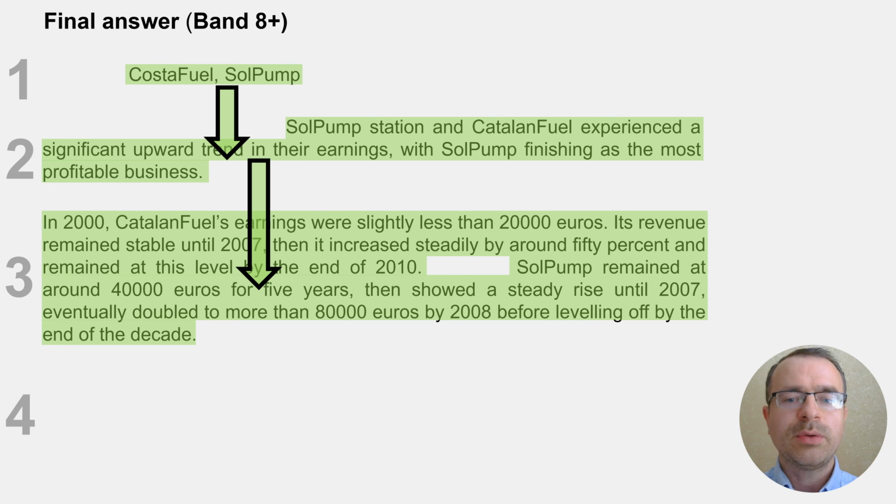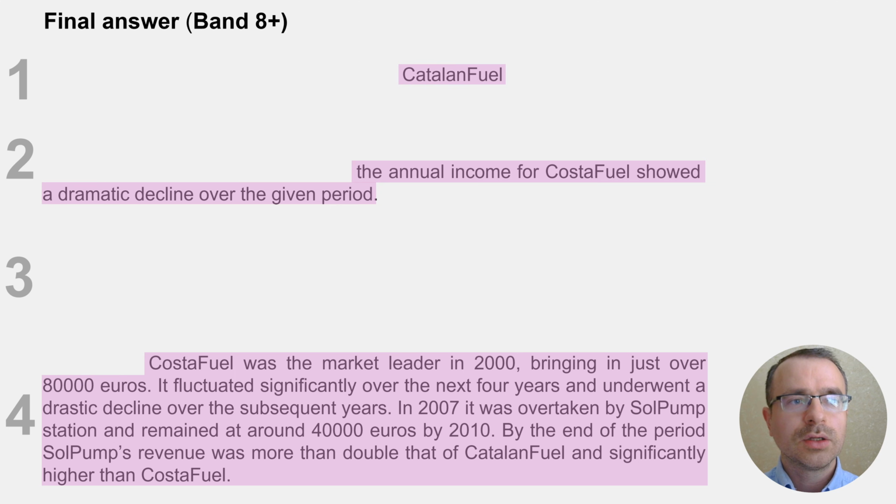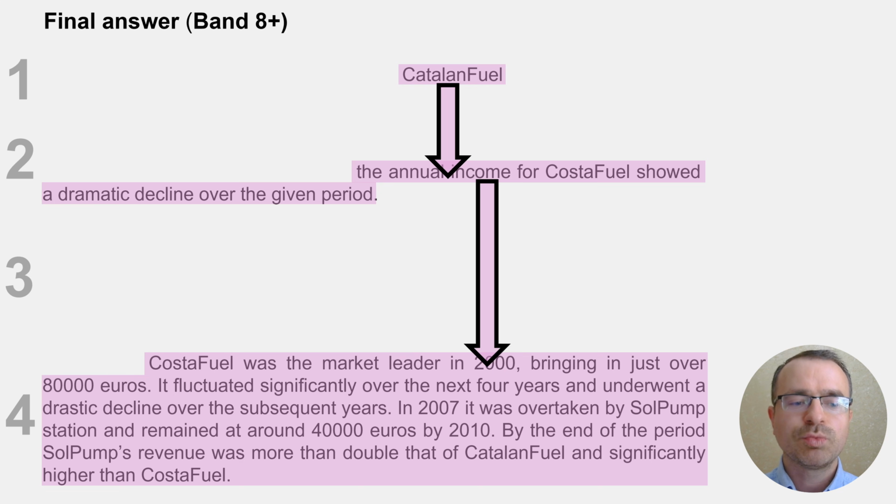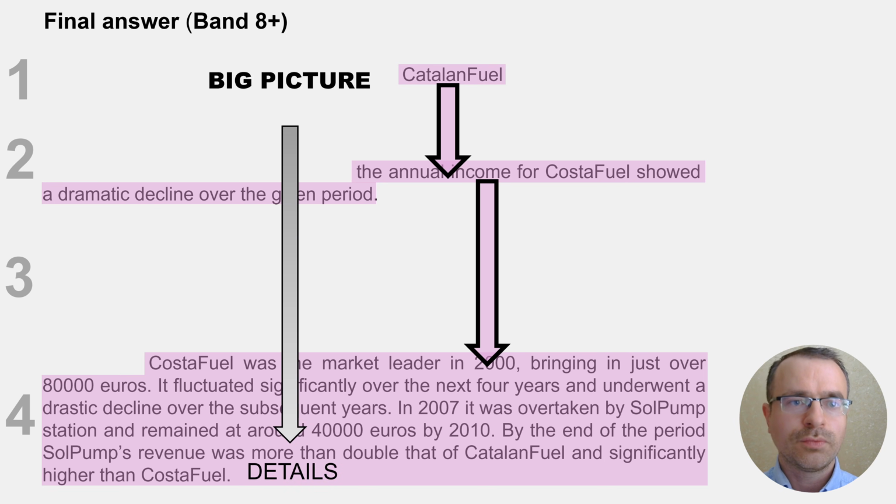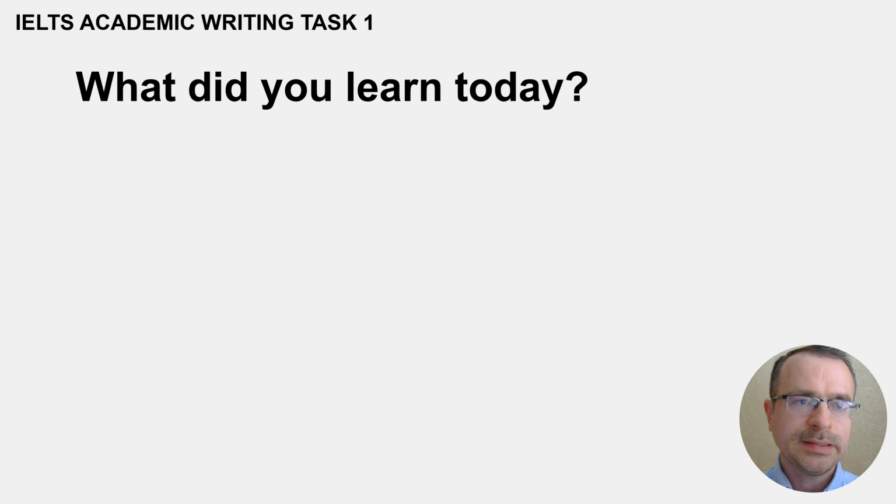In paragraph 3, we gave much more detailed information. We described in detail each of their trends. And similarly for the Catalan Fuel, in paragraph 1 we just listed it. In paragraph 2 we gave more explanation about it, and much more detail is provided in paragraph 4. So we go from the big picture to the details.